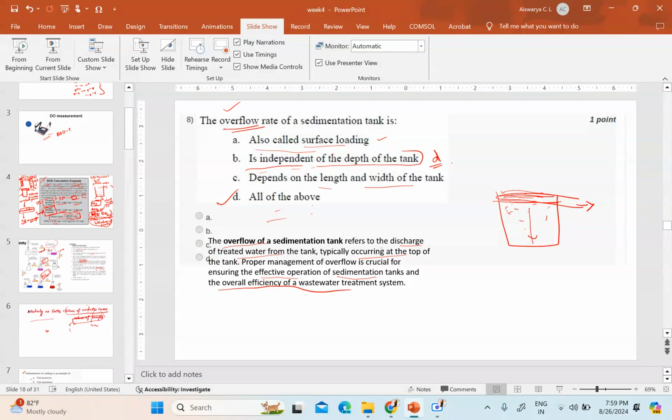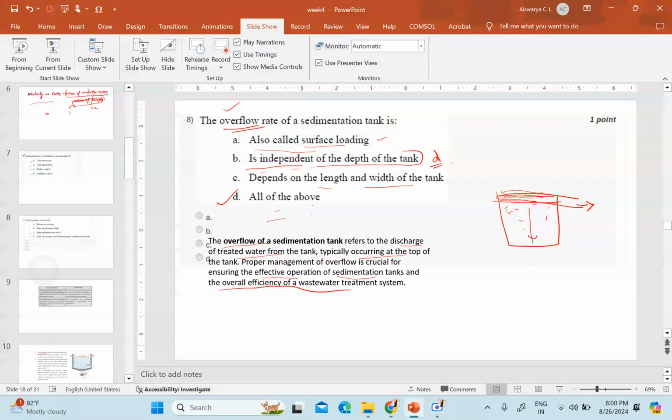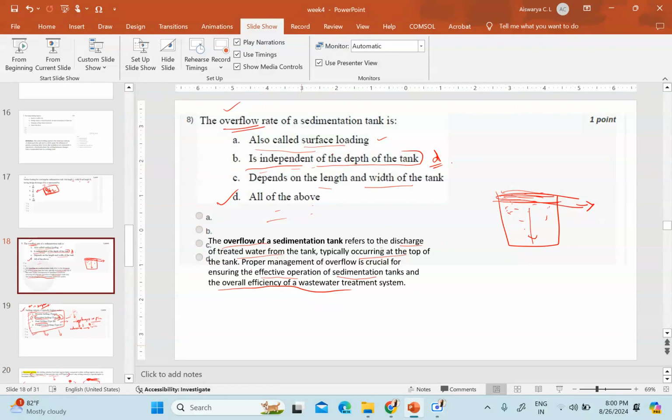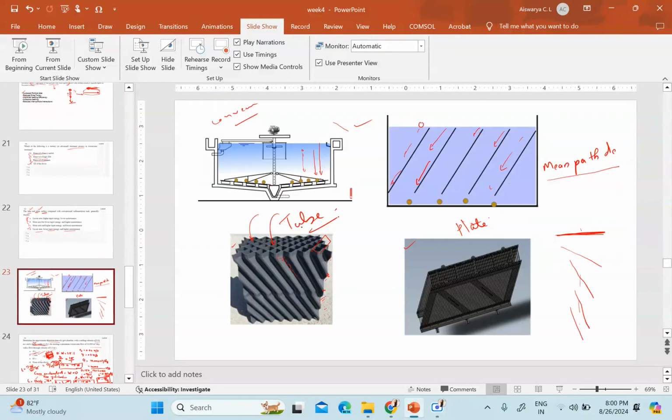Okay. Screening. Okay. So in the clarifier, you're asking how the mean depth, what is the distance, right?